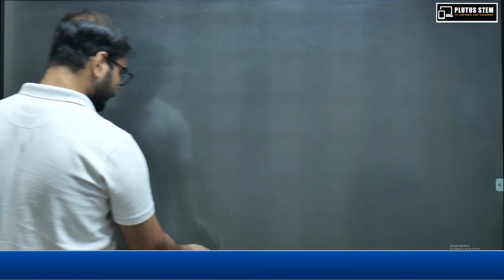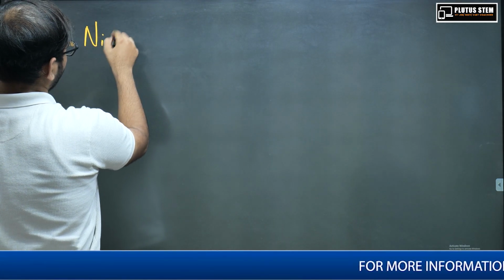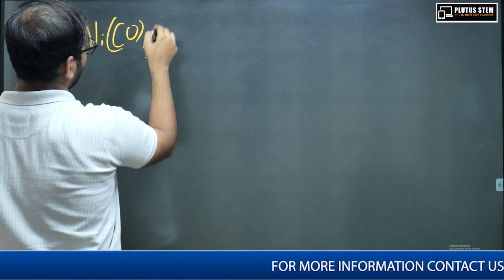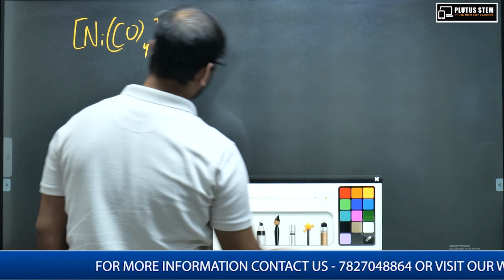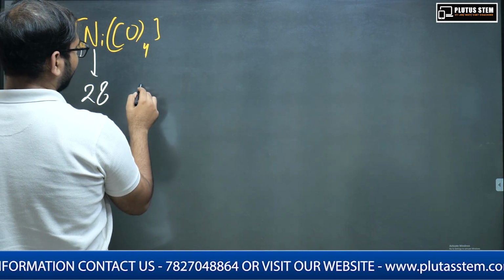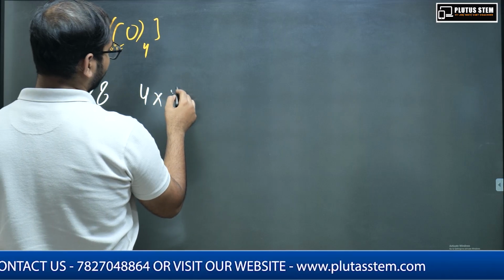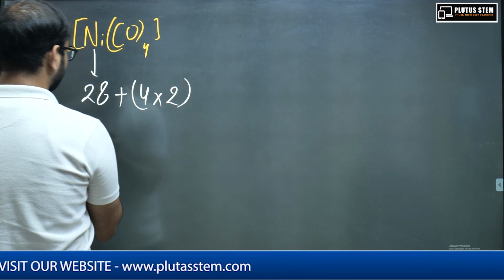Now, I can also check the stability of a complex, for example Ni(CO)4, whether this complex exists or not, by simply checking the EAN number. Nickel has an atomic number of 28. I have 4 ligands that are contributing 2 electrons each. Again, it is a neutral ligand, so no positive or negative charge.